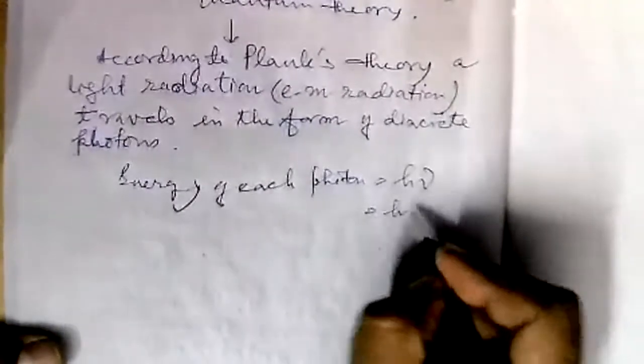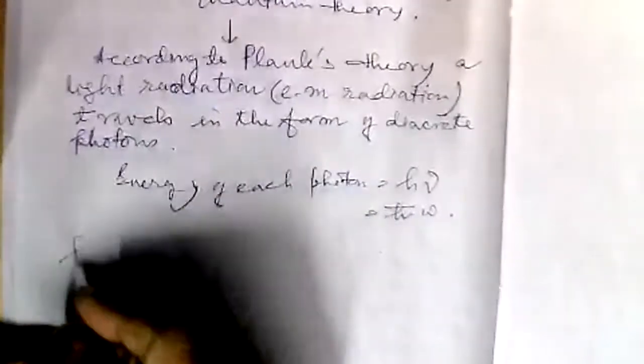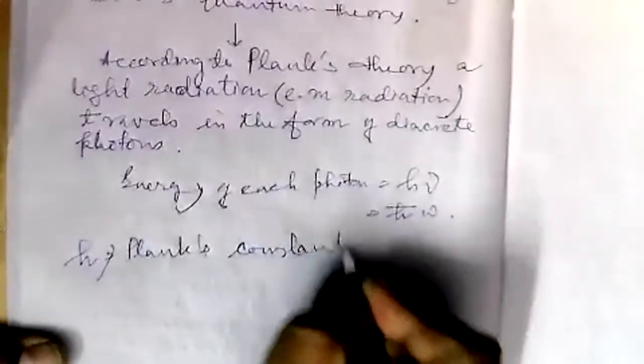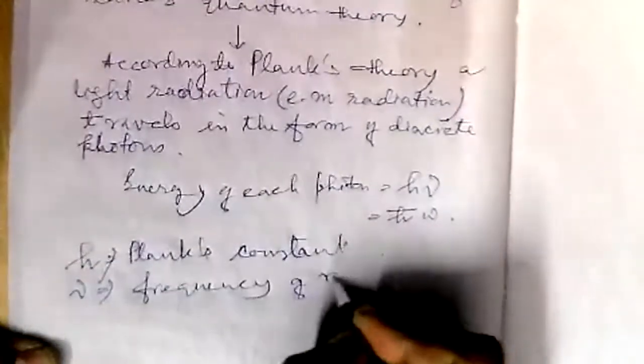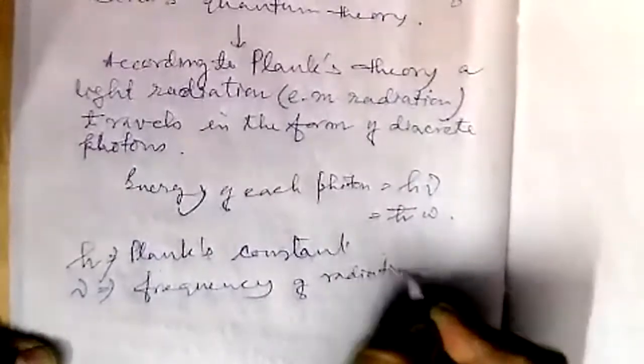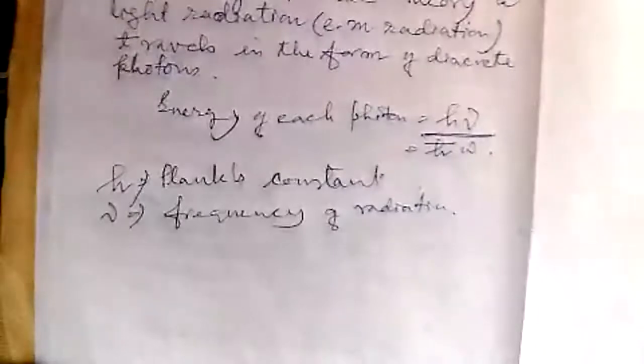It can also be written as h-bar omega. h is known as Planck's constant. Nu is the frequency of radiation. So you can understand the energy of the photon depends on the frequency.